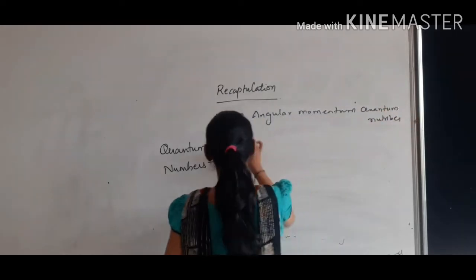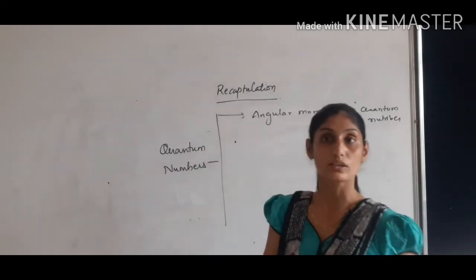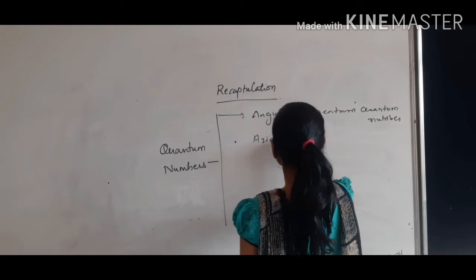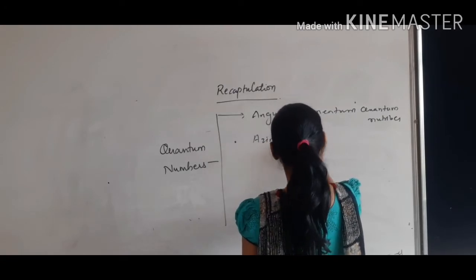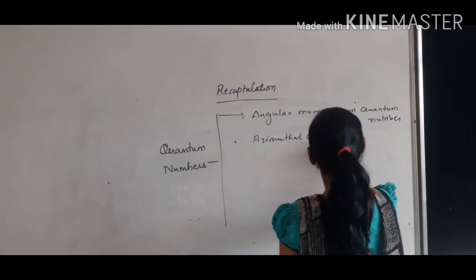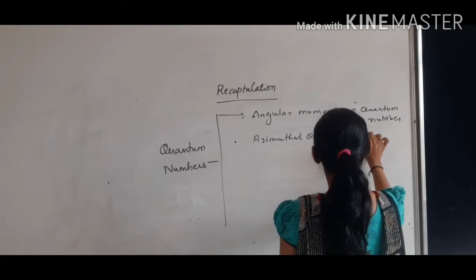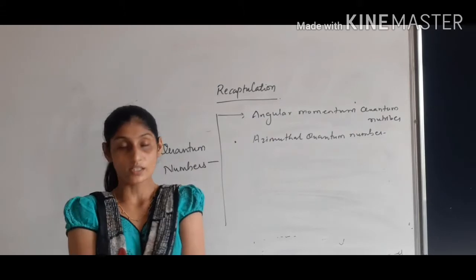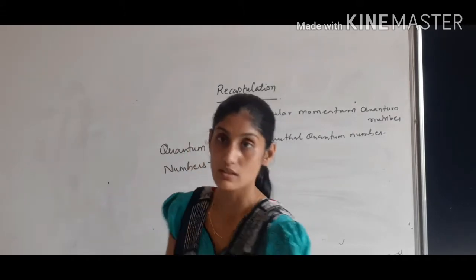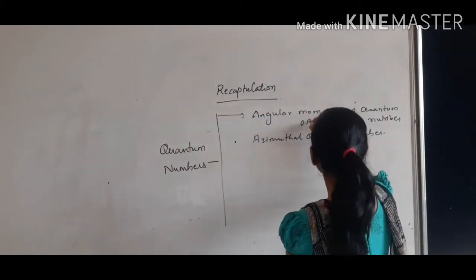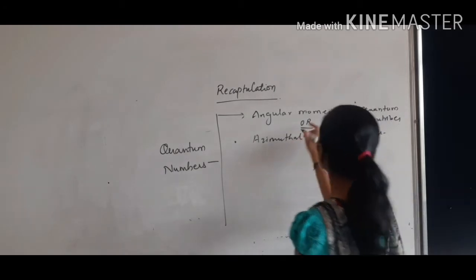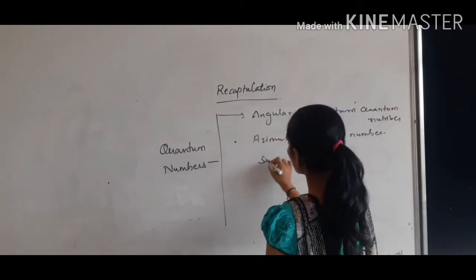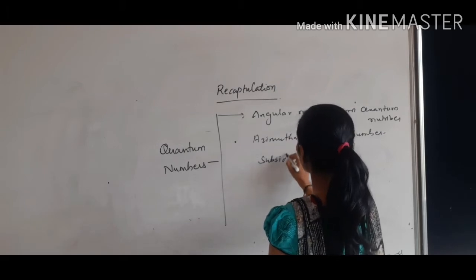It is also known as the azimuthal quantum number, and also known as the subsidiary quantum number. So it is called the angular momentum quantum number, or the azimuthal quantum number, or the subsidiary quantum number, children.